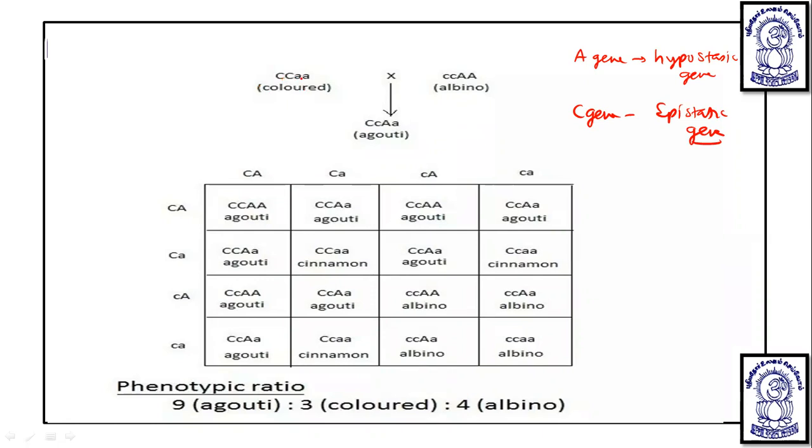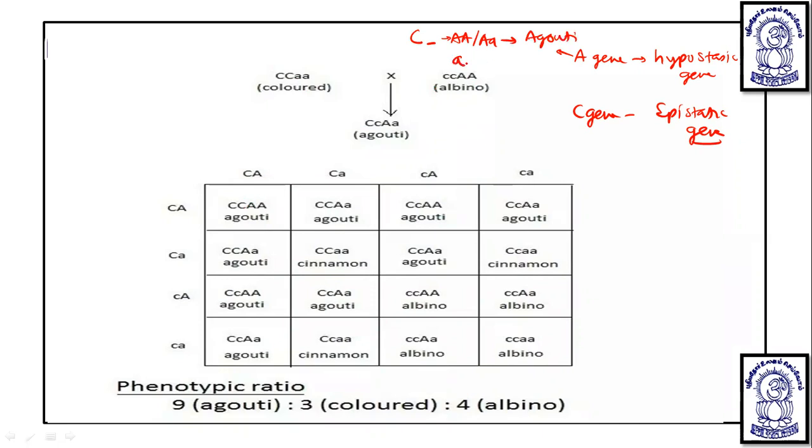So when A is in its dominant form, it is going to produce agouti. In the A gene, when it is either capital A capital A or capital A small a, along with the dominant C, then it is going to produce agouti.